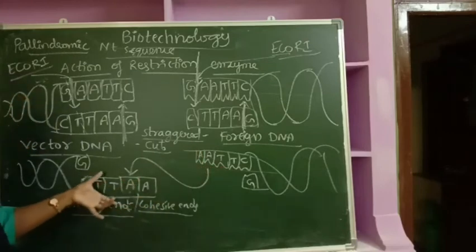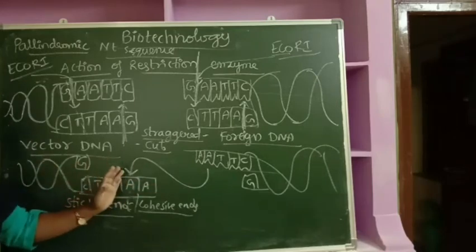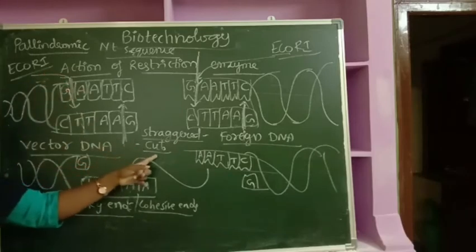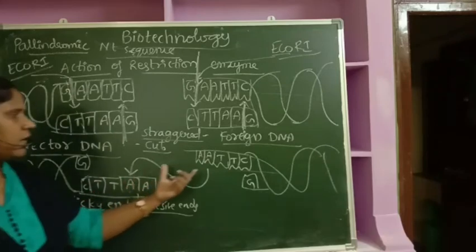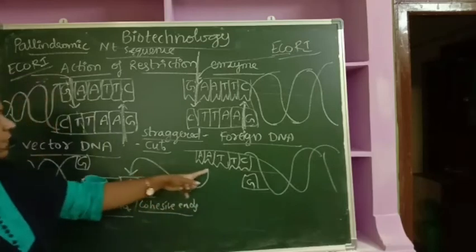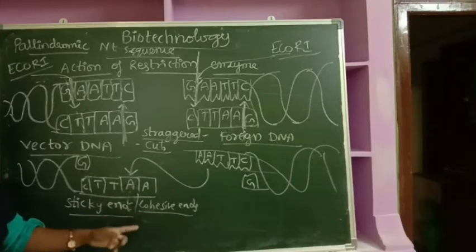This comes and bonds with the sticky ends or cohesive ends of the vector DNA. Why? Because in both cases, EcoR1 cuts exactly between G and A. As a result of the staggered cut, overhanging stretches and unpaired bases are present. Here also overhanging and unpaired bases are present. So this foreign DNA will come and join like this with the sticky ends or cohesive ends.